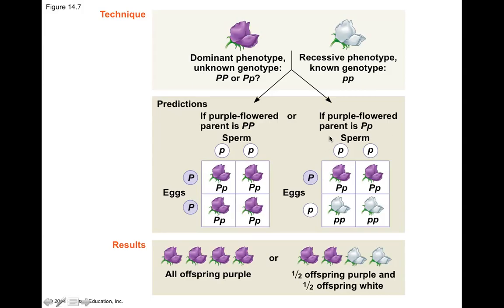However, if your purple flower plant is heterozygous, it means it's about equally likely that you're going to get purple flowered offspring or white flowered offspring.